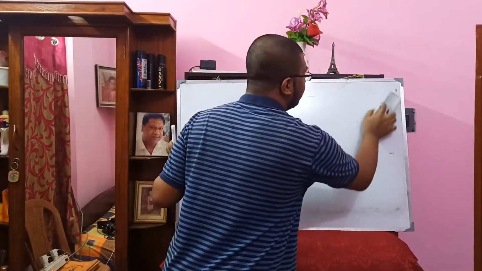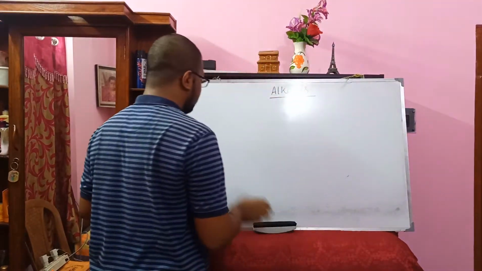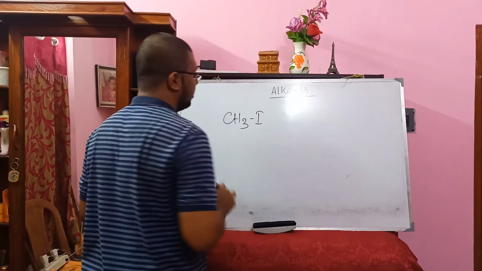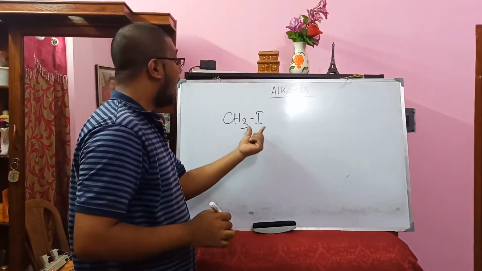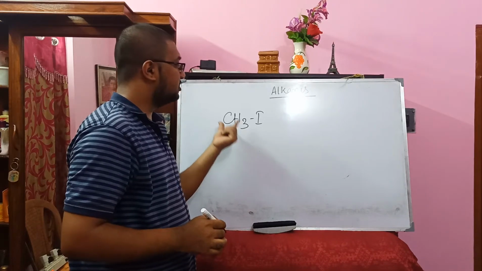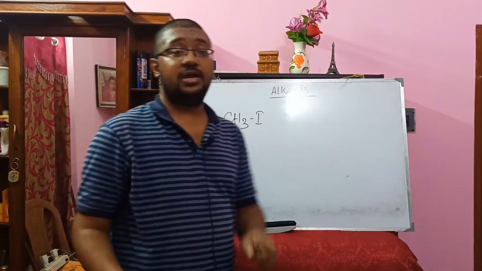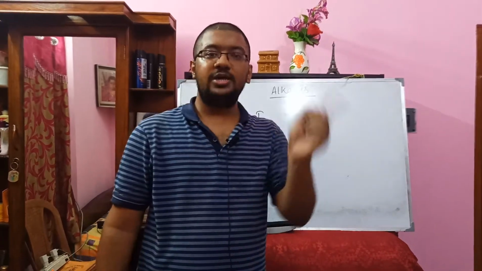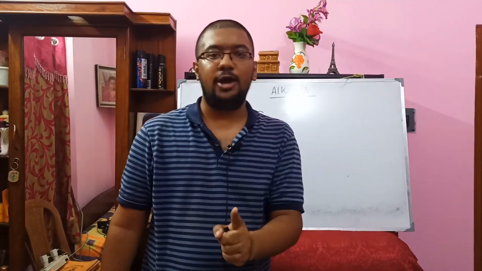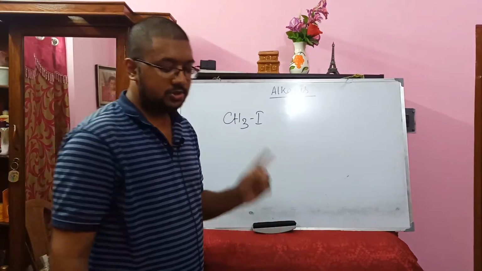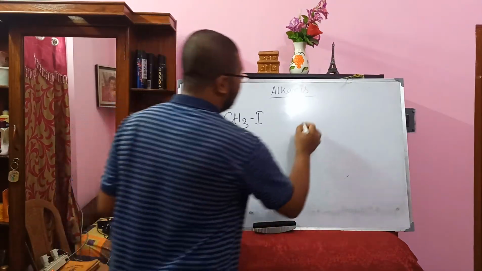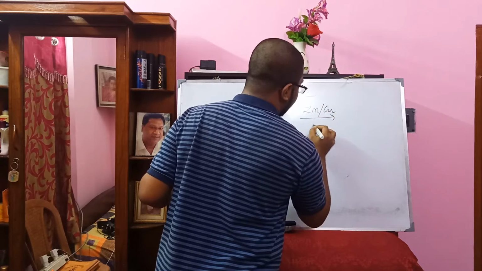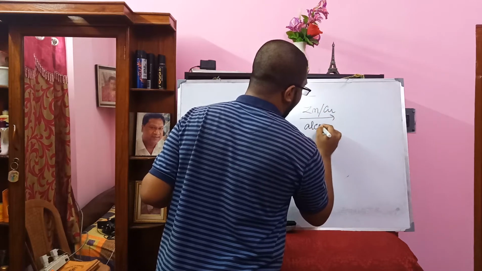Next, after discussing this part, we will move to the second reaction. In the second reaction, for example, you are taking CH3I. This is called iodomethane, one carbon, all single bonds, with only one substituent group, that is iodine. This is reacting in the presence of zinc and copper couple, and also in the presence of alcohol.